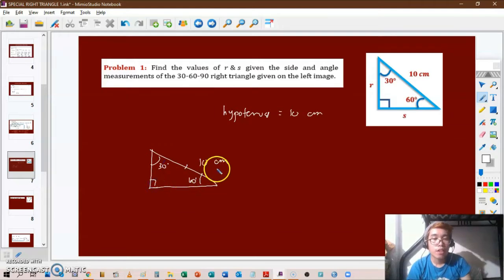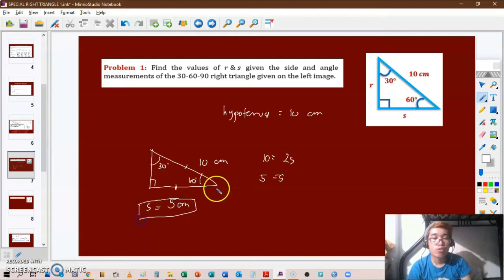If the value of the hypotenuse is 10, then 10 must be equal to 2s, and therefore s must be equal to 5. This is the value of S, the shortest side measurement, so S is equal to 5 centimeters.